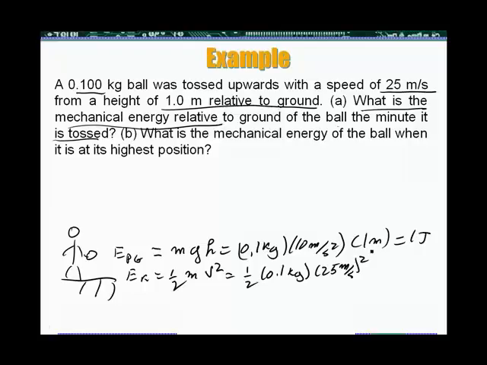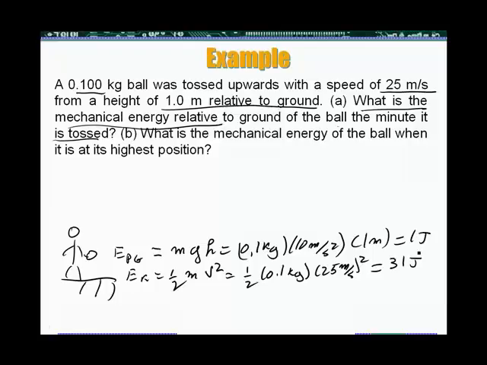That's 625 for 25 squared. That gives us 31 joules.